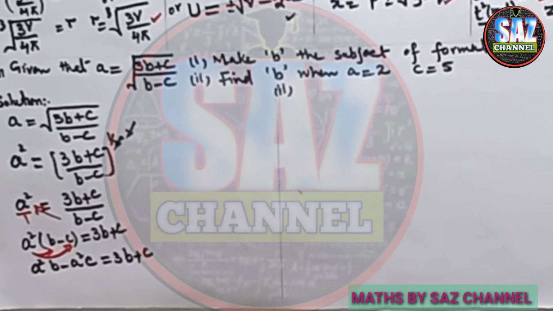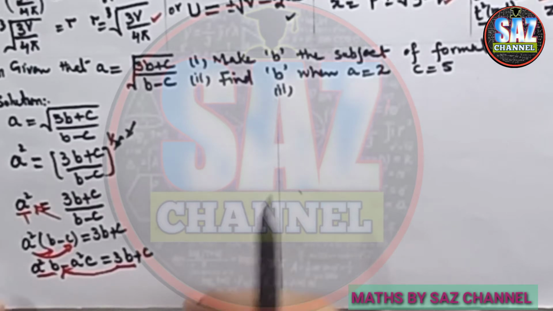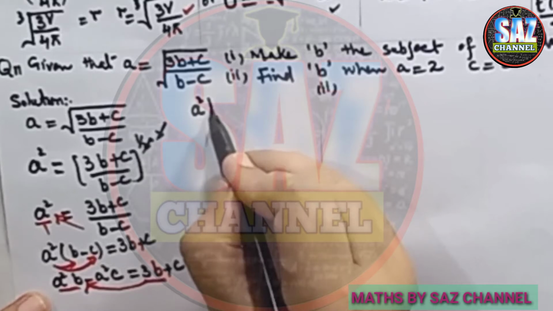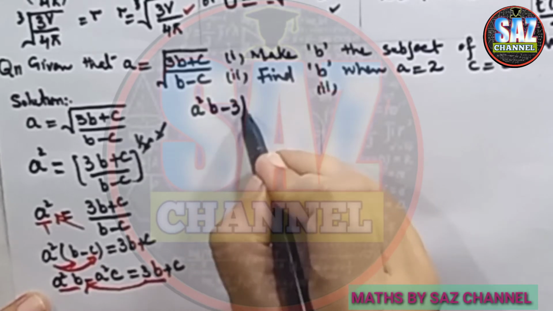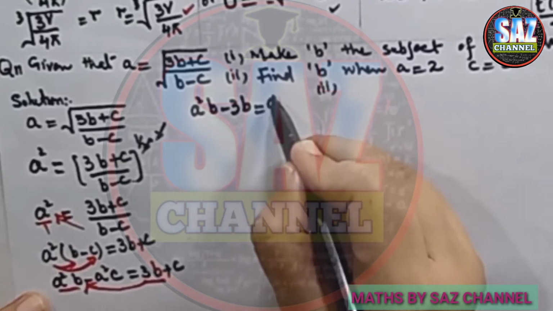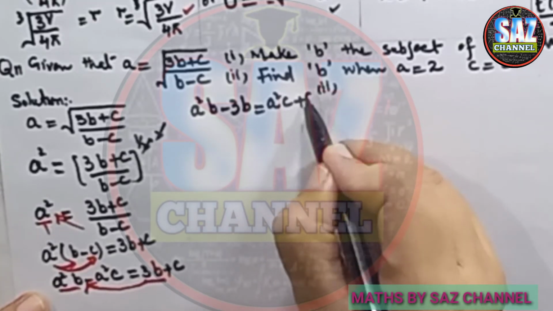Now, if we look at both sides of the equation, the letter that we want to make the subject of formula is on both sides of the equation. So shift like terms to the same side and extra terms to the other side by changing the sign. So the equation will take the form a square b minus 3b equals a square c plus c.